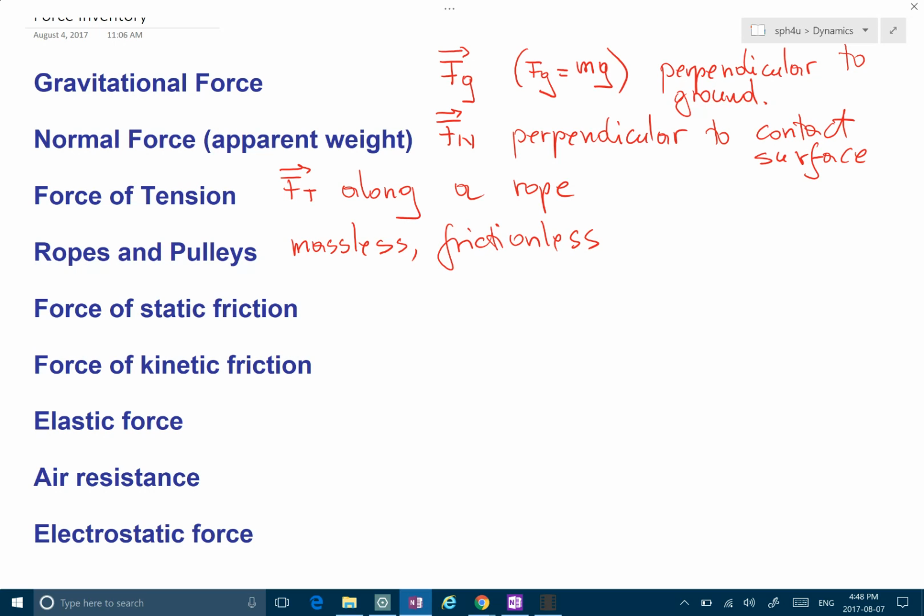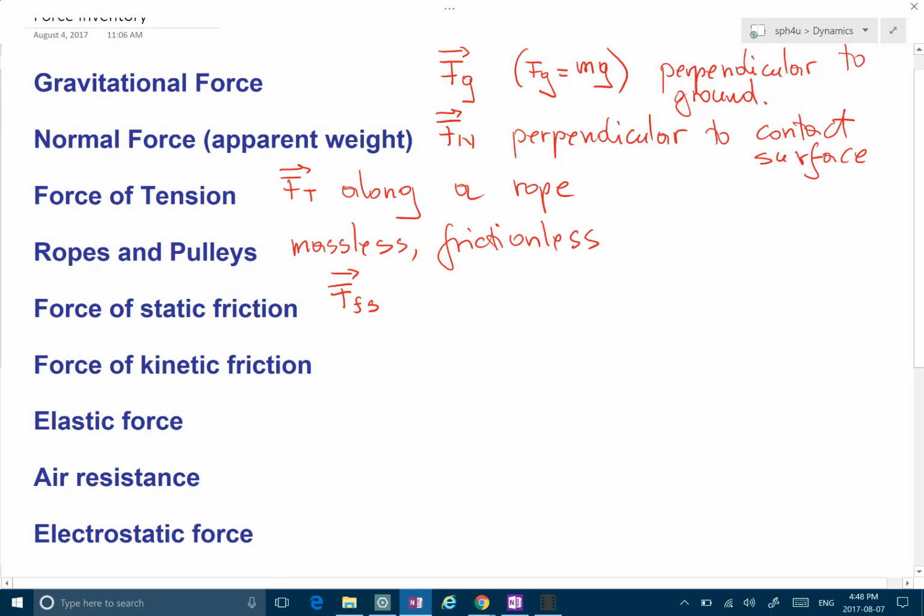All right. Then we go to the frictional forces. There are many types, but the two that we're going to deal with are static friction and kinetic friction. So we'll start with static. I use Ff for friction, then I put an s as an index to denote that that's a static friction.